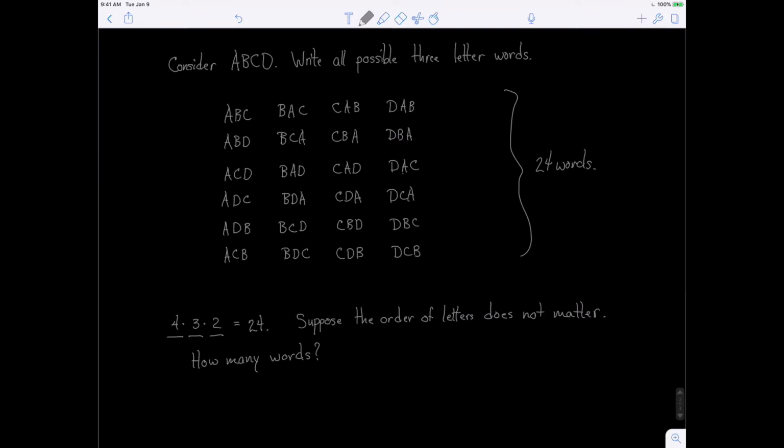Well, let's see. I'm going to start doing this in colors. Let's try some orange. For example, here's A, B, C. What I need to do then is if I have any other words that are made of A, B, and C, even in a different order, that's just a repeat, and it's not a new word.